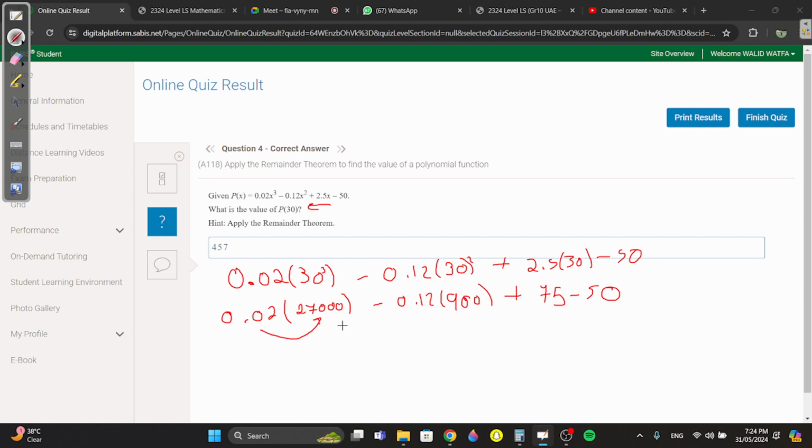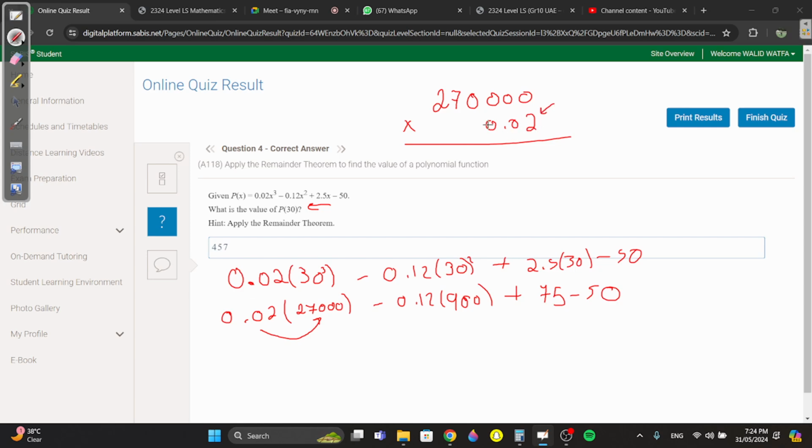People are going to see this and get scared. They're going to run away from the question. I don't know why, but it's very easy. It's the same thing as doing 27,000 times 2. When it's a decimal, you just multiply the real part.